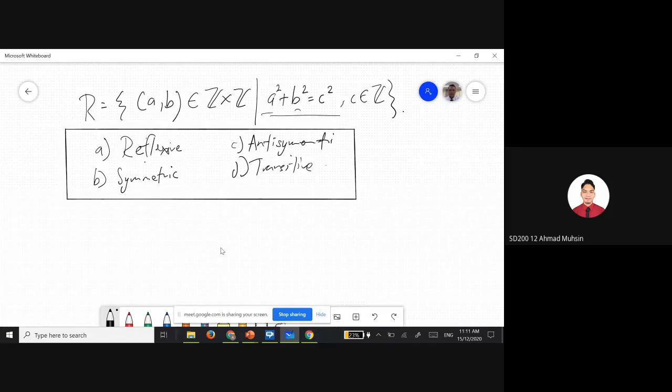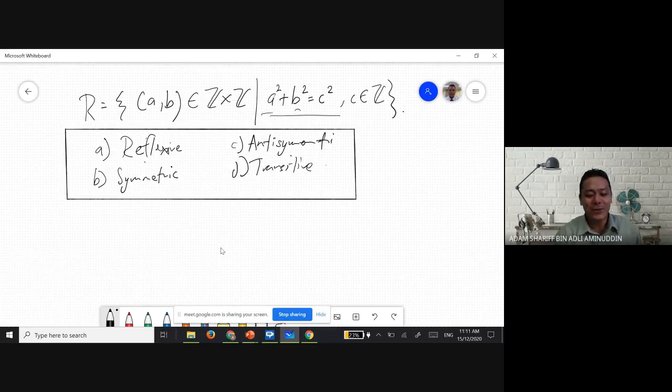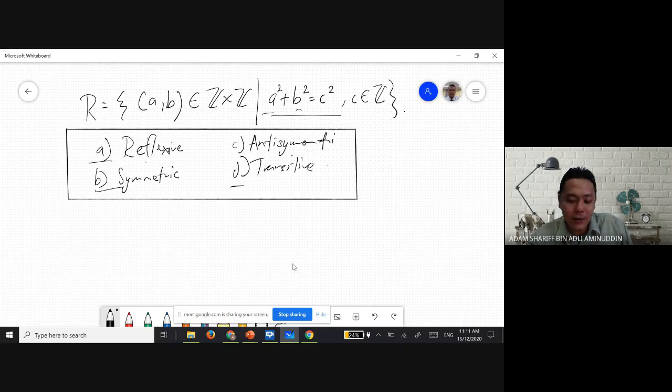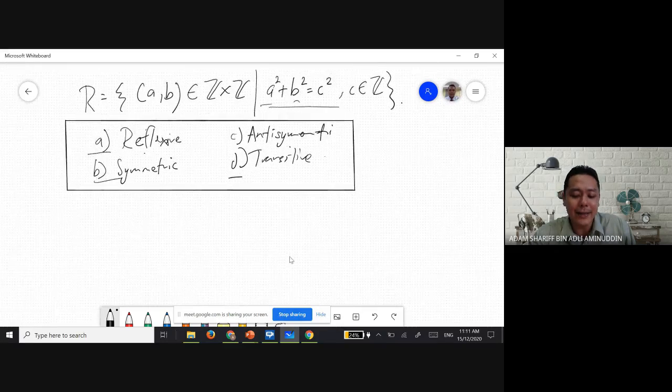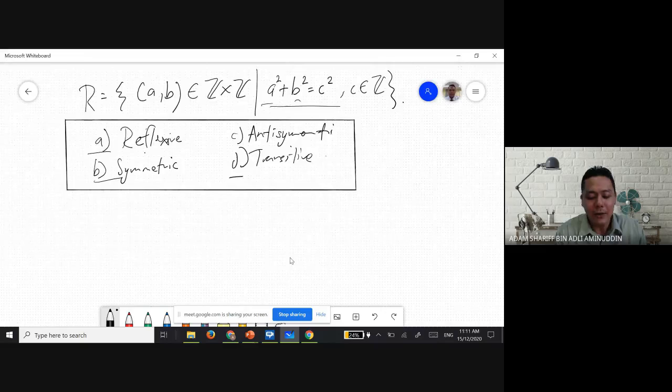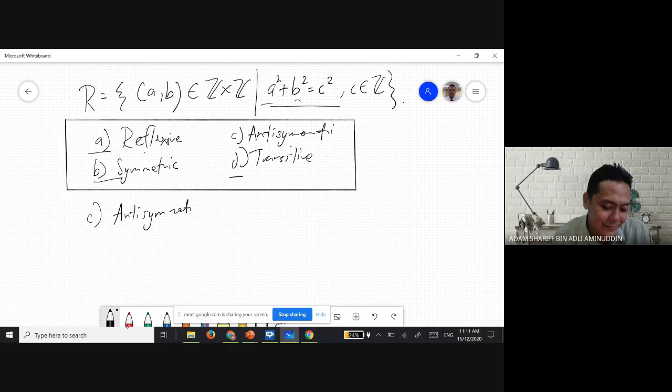Try anti-symmetric. Okay, anti-symmetric. So, A, B, D, kamu cuba jawab sendiri. Kalau kamu dapat jawab, maka memang wow lah. Maksudnya kamu faham lah, insyaAllah. Okay, so kawan kamu menyuruh saya untuk anti-symmetric. Okay, this is actually how I will answer this question.